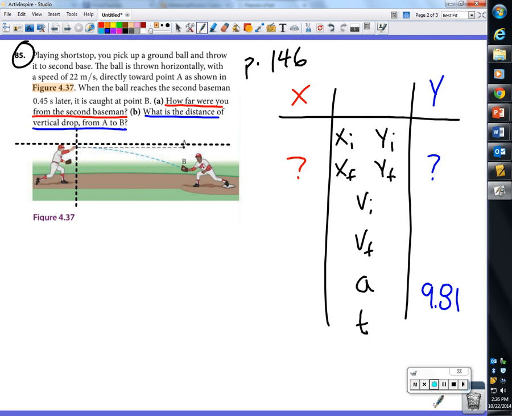In this case, if we called the spot where the shortstop threw the ball the origin, gravity's acting downward, which would be which direction on the y-axis? Usually that's going to be negative, and we'll keep it that way there. And then the other thing that we can fill in, acceleration on the x-axis, is going to be 0, because there's nothing else besides gravity that is affecting that object. All right, now some things specifically to this problem.